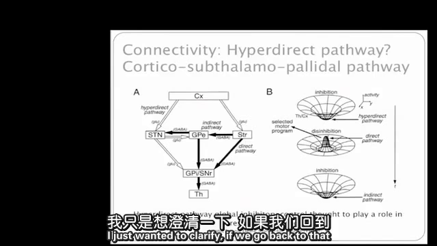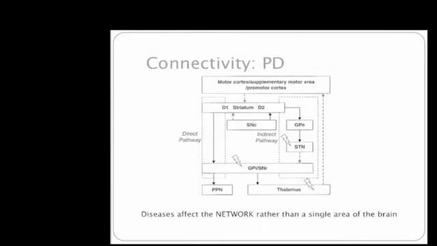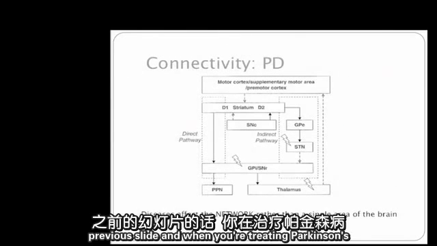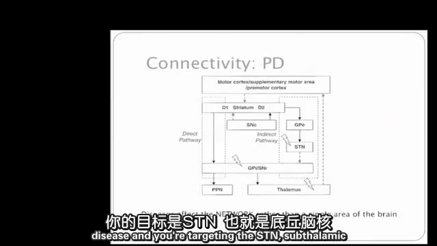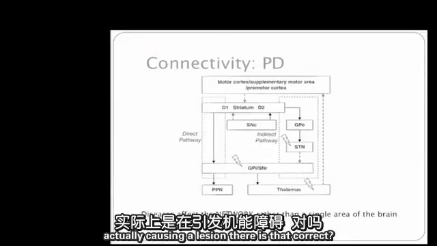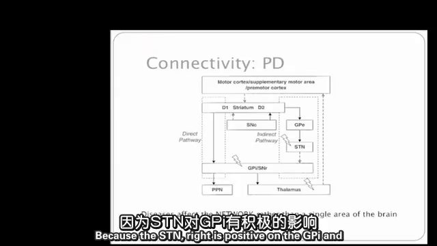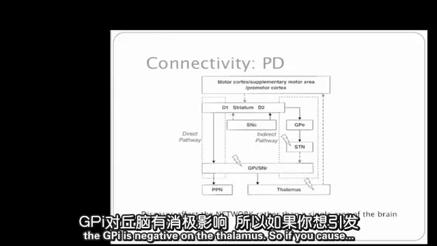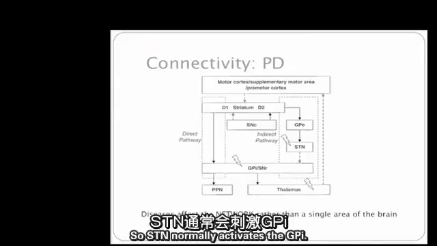I just want to clarify, if we go back to that previous slide, when you're treating Parkinson's disease and you're targeting the STN, the subthalamic nucleus, it's deep brain stimulation, but you're actually causing a lesion there. Is that correct? Because the STN is positive on the GPi, and the GPi is negative on the thalamus. So STN normally activates the GPi.